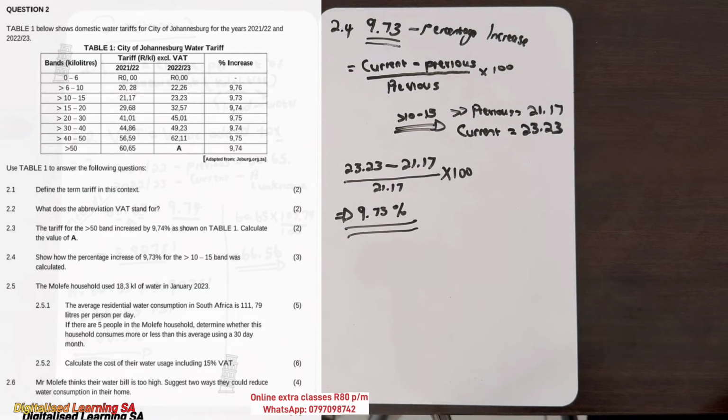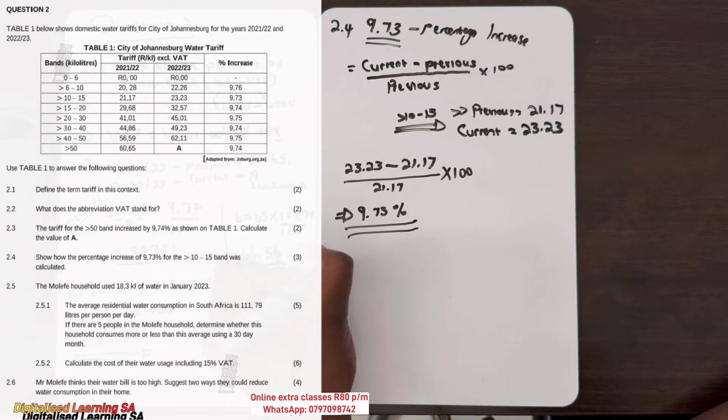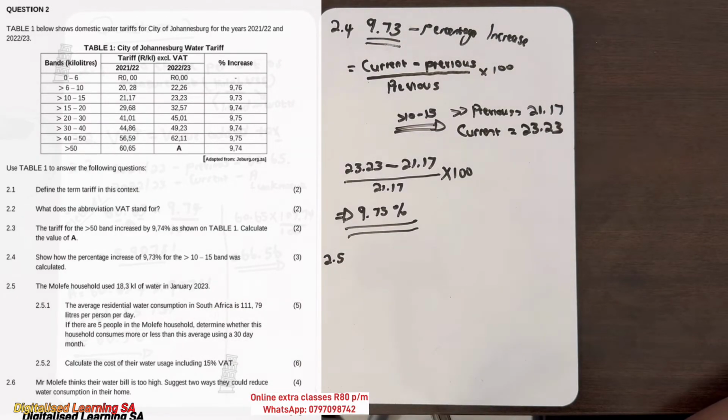So now let's move to question 2.5. I think we should create space for that, or we can try squeeze it down here. Question 2.5 says that the Molefe household used 18.3 kiloliters of water in January 2023.